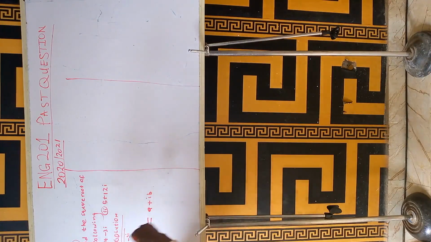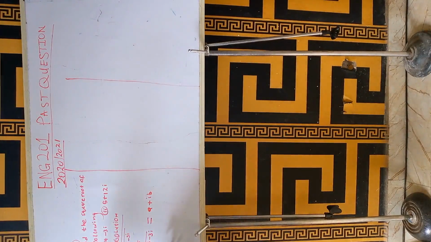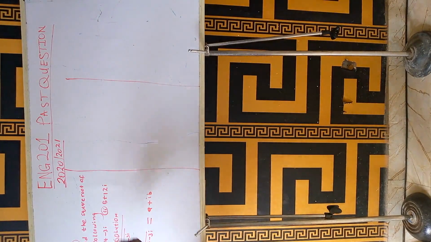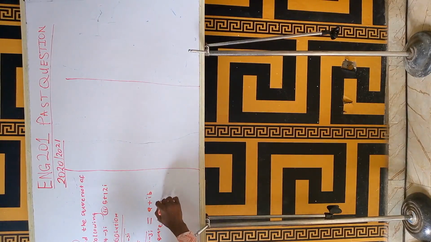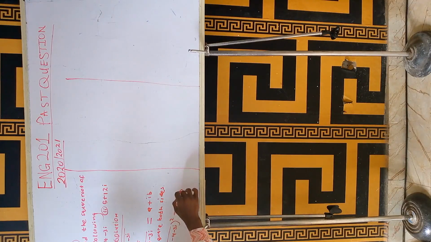You represent it as a complex number, and to remove this square root, we square both sides, because the opposite of square root is square. When you square both sides, the square root is eliminated, and we have a plus ib all squared.